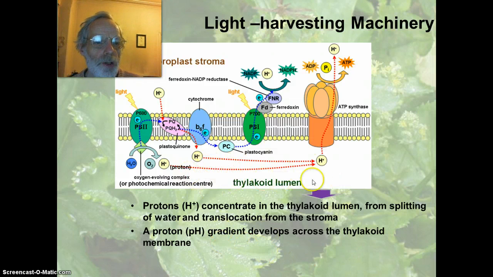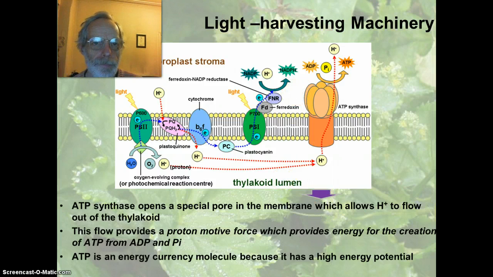So we're starting to get a concentration of protons in the thylakoid lumen from the splitting of water and from the translocation of protons from the stroma. So then we have what we call a proton gradient, or a pH gradient, across this membrane. There are far more hydrogen ions inside the thylakoid than outside in the stroma. The ATP synthase complex opens a special pore in the membrane which allows the hydrogen ions or protons to flow out of the thylakoid.